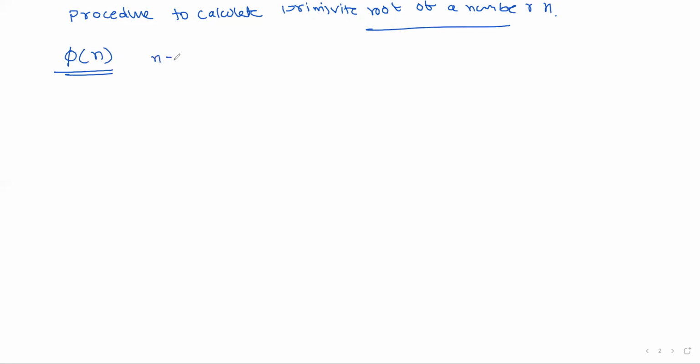For example, assume n is equal to 14. What do you mean by phi of 14? You already know the procedure. 14 is represented as 2 into 7, p into q, both prime numbers, so p minus 1 into q minus 1, that is 2 minus 1 into 7 minus 1.